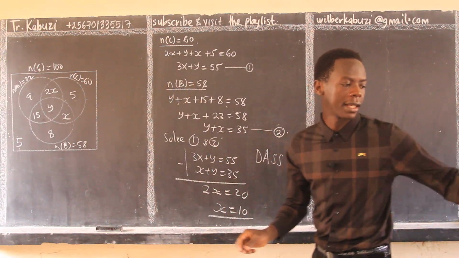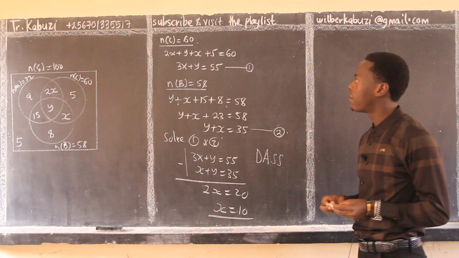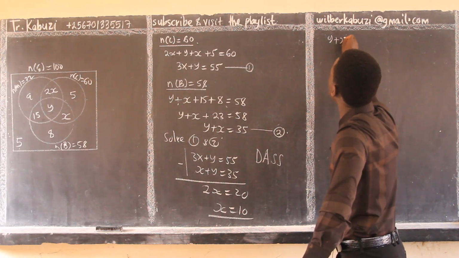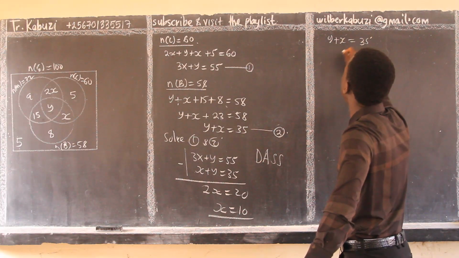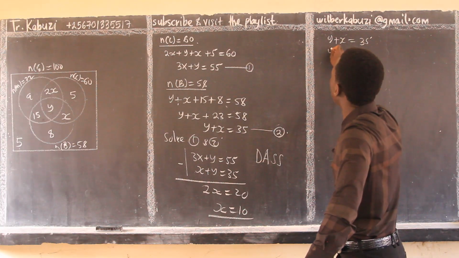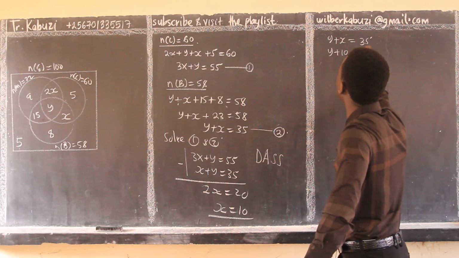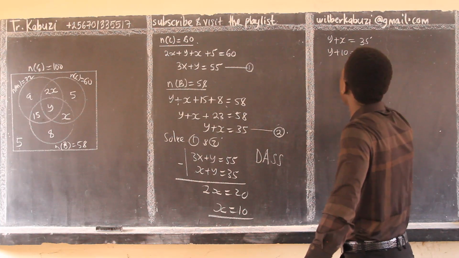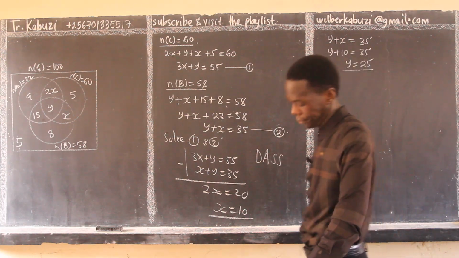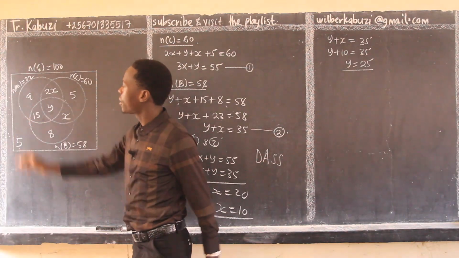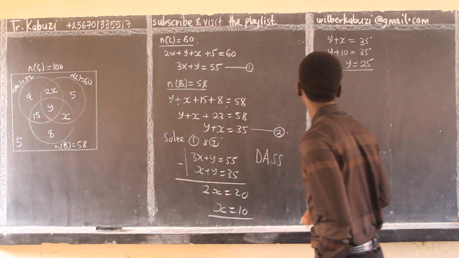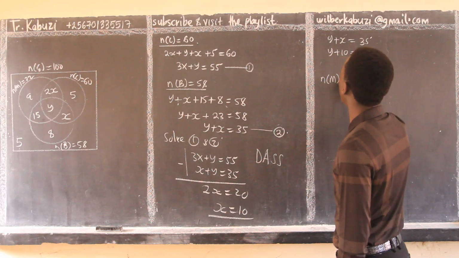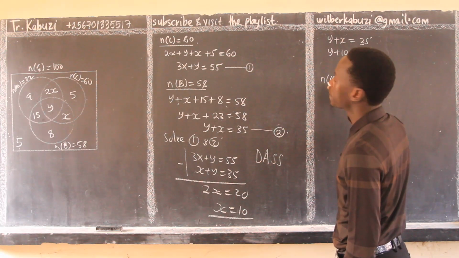After getting the value of x, now we need to get the value of y from any, but I want to take this. So from y plus x equals 35, my y plus 10 equals 35, implying that my y is 25. So after getting y, you can come and get the value of a from there. So now our total is 72.